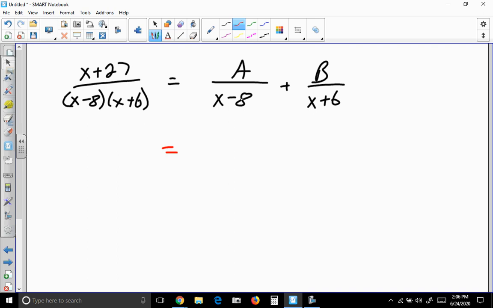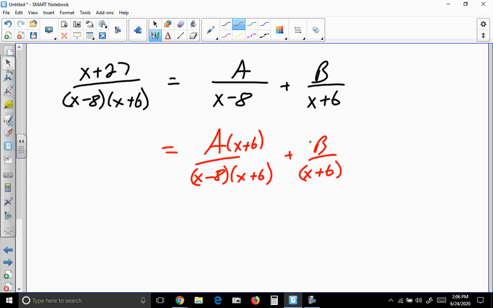Now that we know what the form of our fractions is going to be like, we reassemble these so we can relate this to this numerator. So our common denominator is x minus 8, x plus 6. If we pick up an x plus 6 here, we pick one up on top. We start out with an x plus 6 on bottom. To get this denominator, we need to pick up an x minus 8, so we do that on top and bottom.